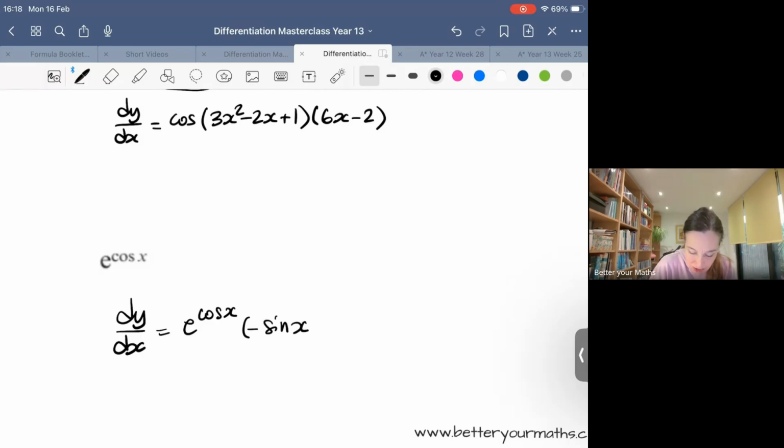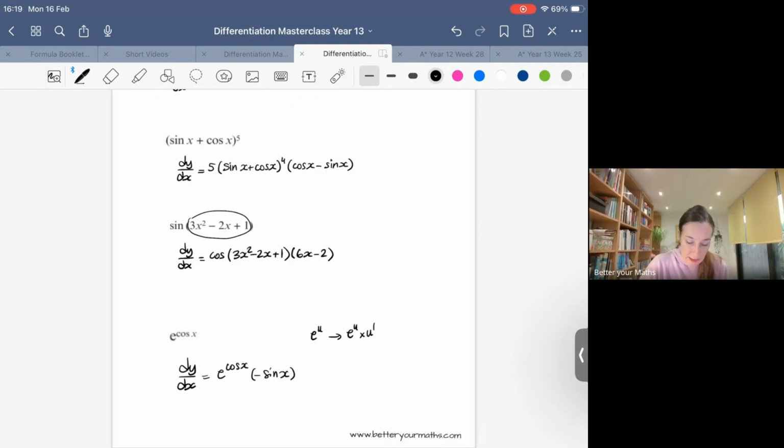Exactly, minus sine x. Or if we want, we can put the minus at the very front and then multiply. So e to the power of something is e to the power of something, and then the something is the one that gets differentiated. So e to the power of u would be e to the power of u, but then I multiply by the derivative of the exponent. Is this okay, everyone? Anyone confused?